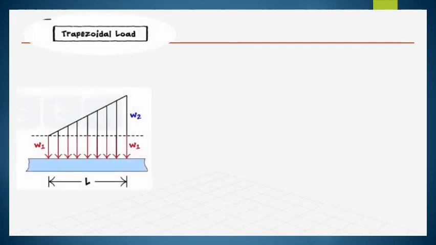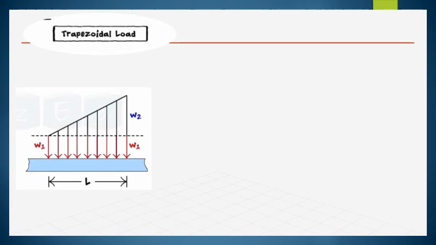So how do we find out the resultant or the total intensity of the trapezoidal loading? What we do, we divide this into two areas. One is of the UDL or the rectangular loading of intensity W1. Okay, from the lower intensity, draw a horizontal line.